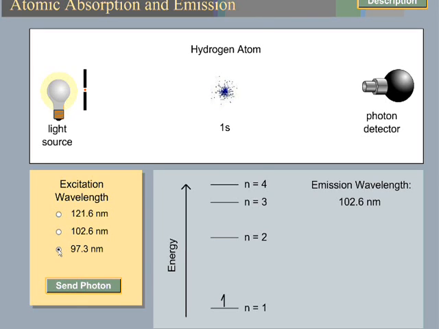We'll go down to 97.3 nanometers, so again a shorter wavelength to a higher energy. We're going to send the photon through. Boom, goes all the way up to n equals 4, drops down to n equals 3, sends off a photon, drops down to n equals 2, sends another photon, and then to n equals 1 and sends a third photon. And try that again.